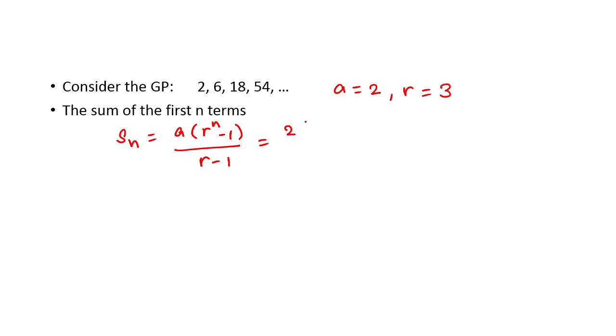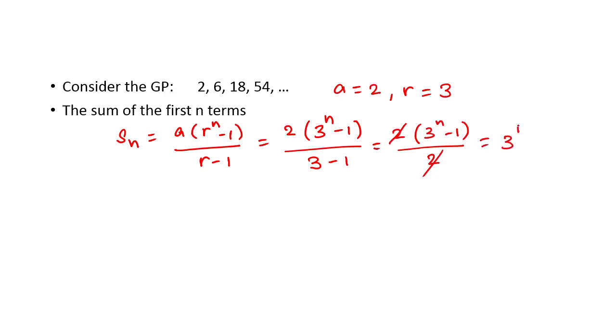A here is 2, r here is 3, so 3 raised to n minus 1 divided by 3 minus 1. So it is 2 into 3 raised to n minus 1 upon 3 minus 1, which is 2. That will cancel with this 2. So what I have is just 3 raised to n minus 1.